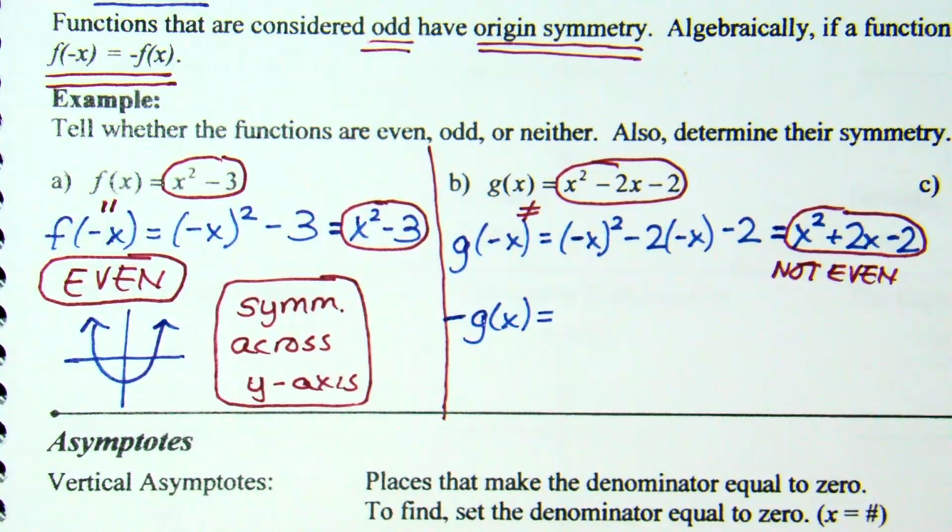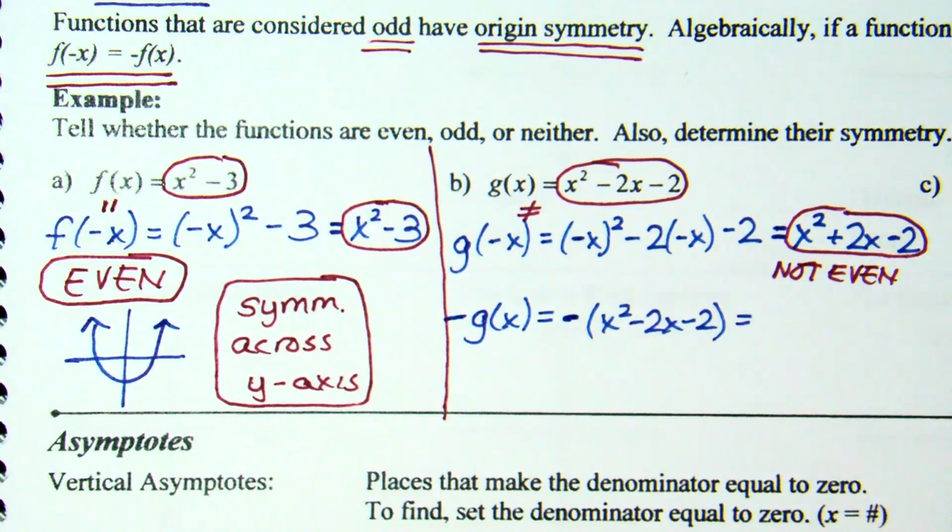So I'm going to write it as the negative of x squared minus 2x minus 2. That's how I'm showing the initial step. I'm going to take that negative, multiply it into everything, which does what? It takes every sign and flips it. So it's now negative x squared plus 2x plus 2.